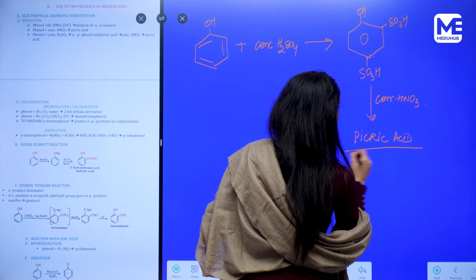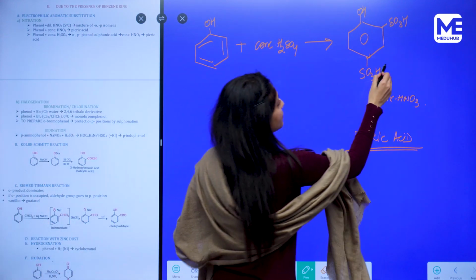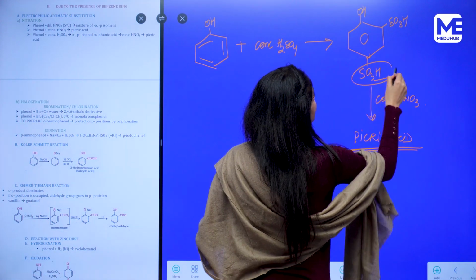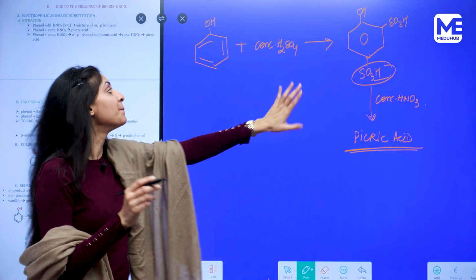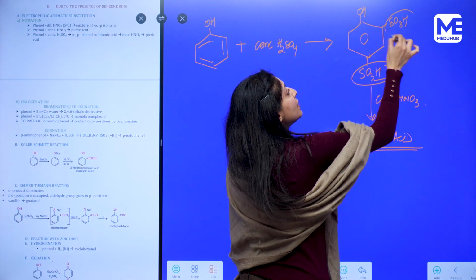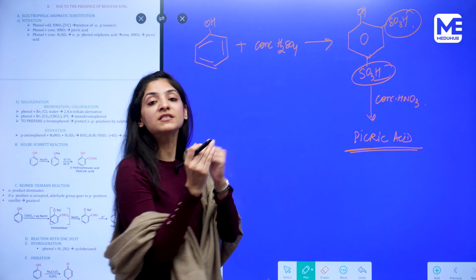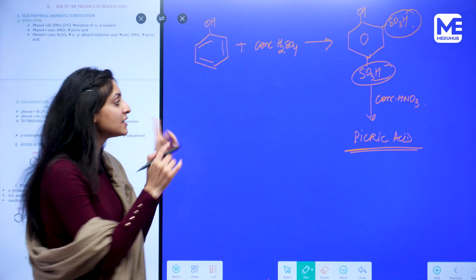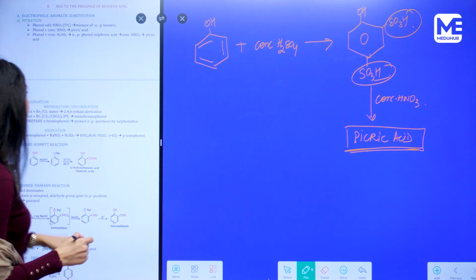This is a better method for preparation of picric acid because sulfonic acid substituted derivatives are less prone to oxidation compared to phenol. So when these two positions are occupied by SO3H group, this molecule is less prone to oxidation and those losses due to oxidation products are minimized and we get good yields of picric acid here.